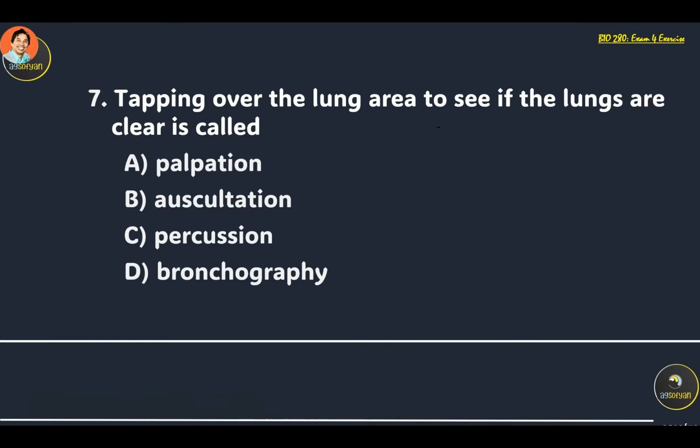Tapping over the lung area to see if the lungs are clear is called A, B, C, or D. Okay, I just explained to you tapping is percussion. So it's going to be C, percussion.